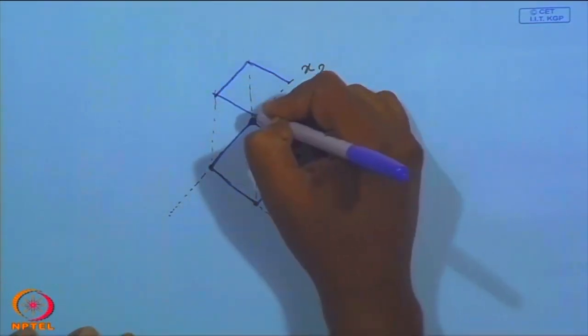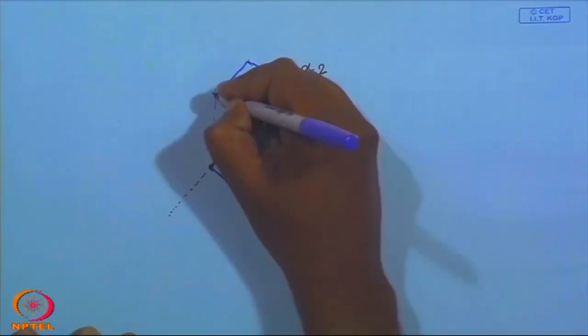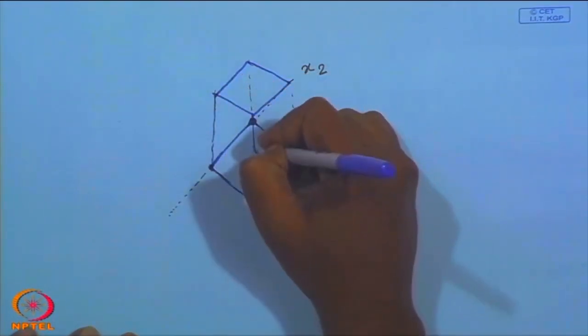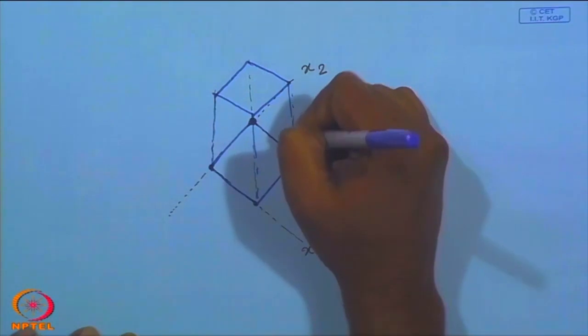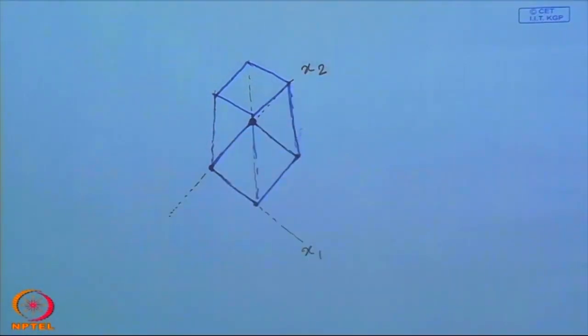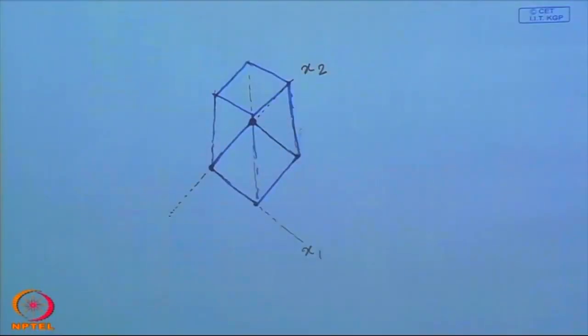What I have got is this. So, what I have actually got is a cube, because if the amount of drag in every direction is the same, I get a cube. If they are not the same, I get a parallelepiped, and this is defined in 3 dimensions.